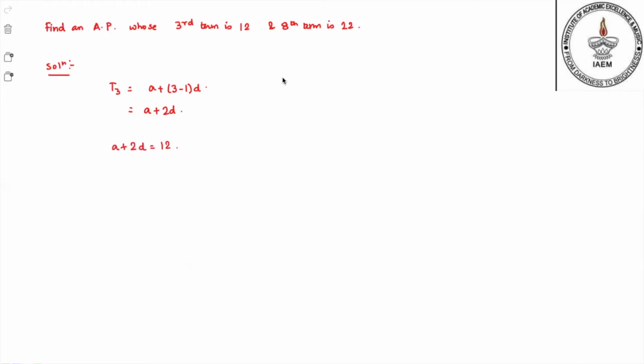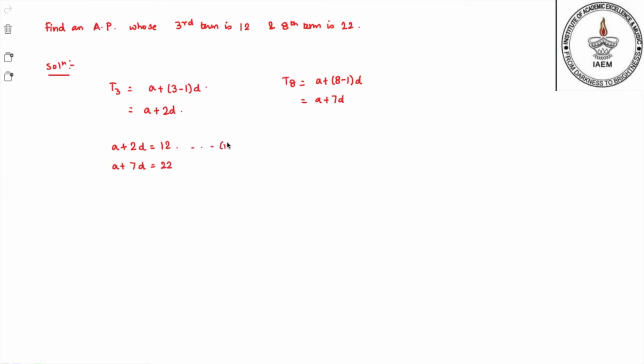And it is also mentioned T8 equals 22. That is A plus 8 minus 1 into D, or A plus 7D. So A plus 7D equals 22.